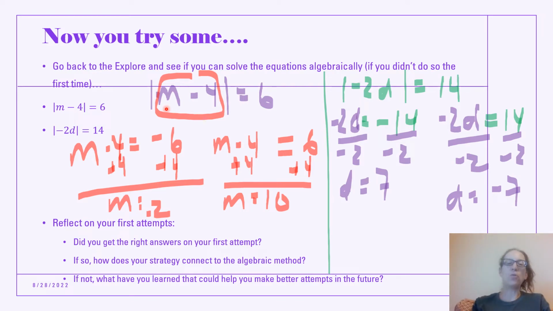Or maybe you did a piece of the problem, but you missed another part. If you graphed it, what were you looking at? Can you see what you graphed in the setup here? And if you did not get the right answers on your first attempt, what have you learned that could help you make better attempts in the future?